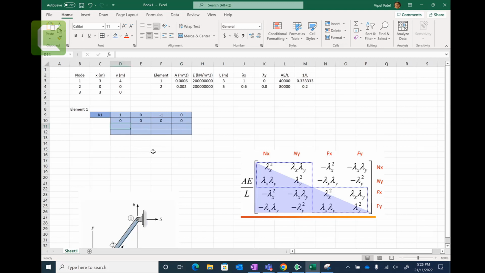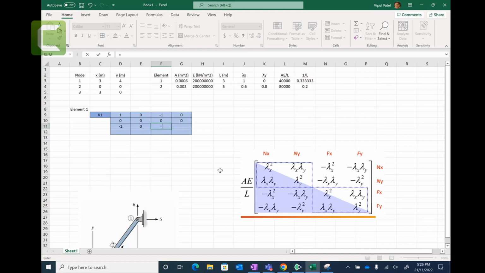And then you can minus lambda x square, so equal to minus lambda x square bracket. Please use the bracket. Why is it not coming up minus? Oh, because I put the bracket before, so square and then bracket like this. Perfect. And then you have minus lambda x times lambda y.